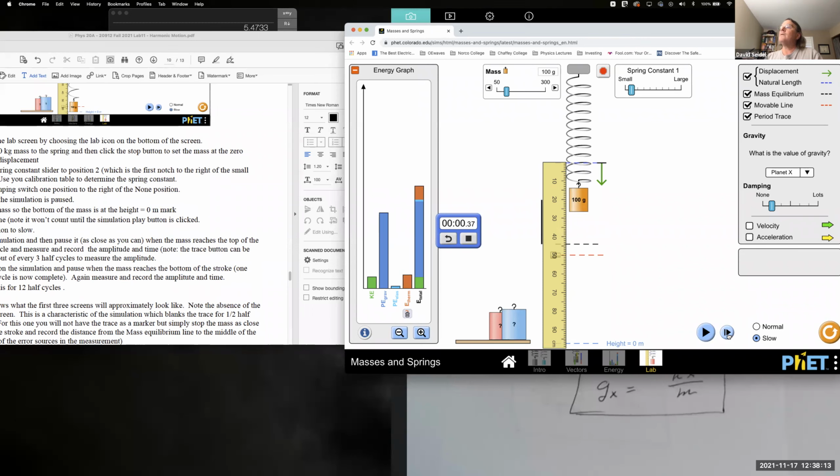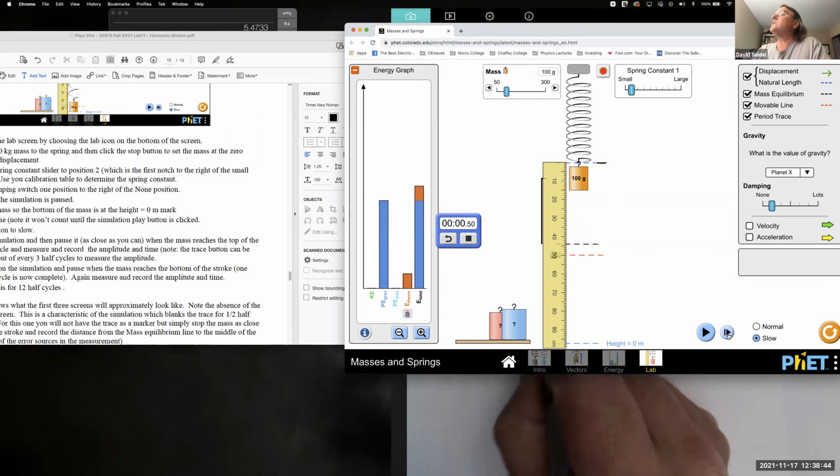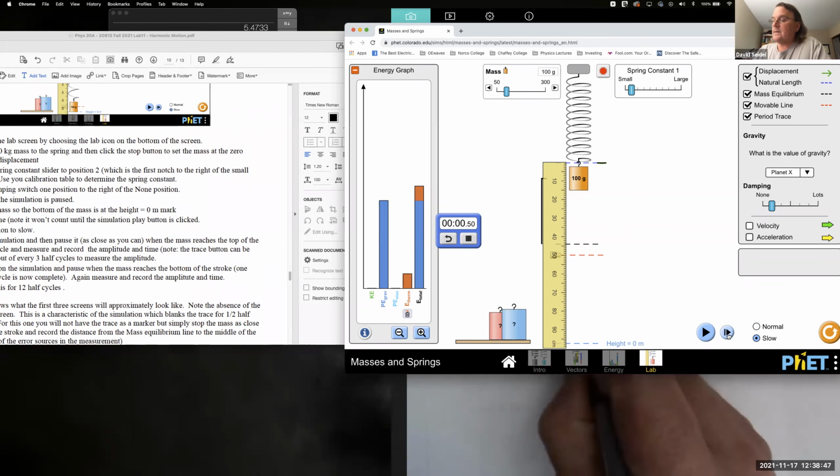And down a little more, little more, little more. And I'm basically at 0 kinetic energy now. So I'm going to step forward for 0 kinetic energy. So my first one is at t equal to 0.5 seconds.